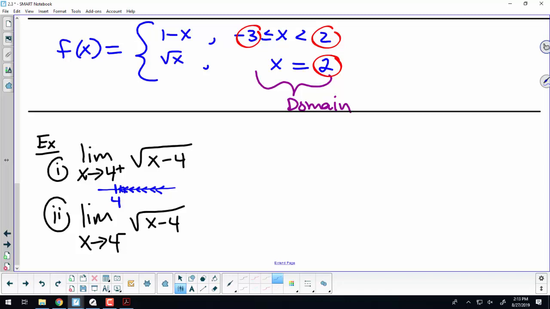All of these values here are slightly larger than 4. So if I'm thinking about this numerically for a moment, if I plug in anything larger than 4 and subtract off 4, that's a positive number. So I can take the square root of that.